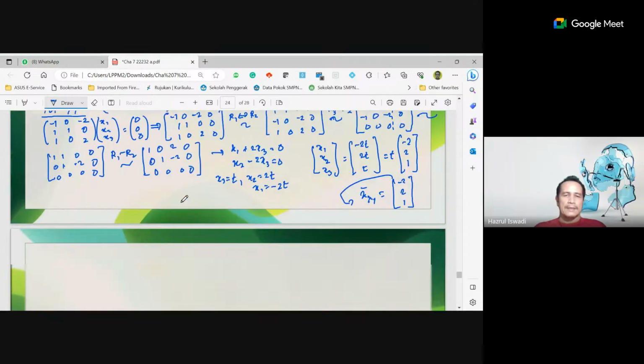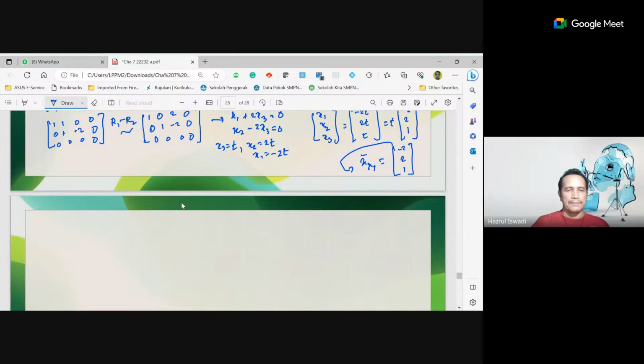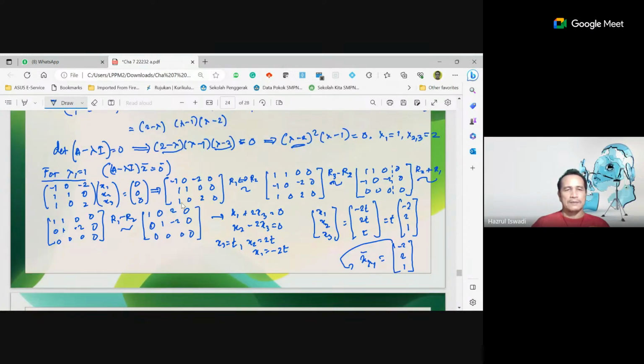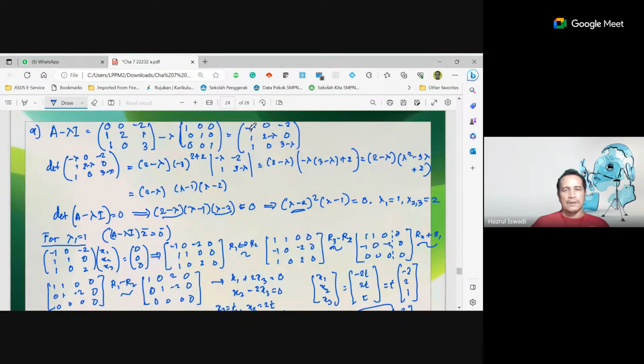Okay, then we continue to find the eigenvectors of lambda, for lambda 2 and 3 equal to 2. As we know, it means that we must replace lambda by 2.